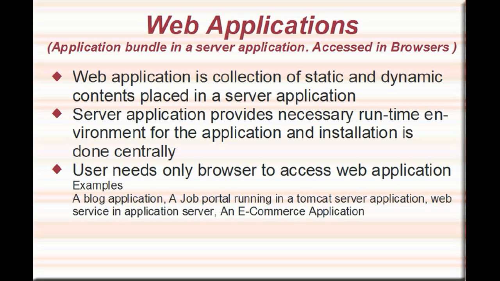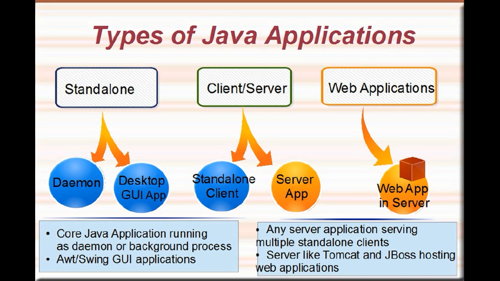For example, I have a job portal website which runs in a Tomcat server application. I have an e-commerce application which is installed in a JBoss server application, and I access it in the browser to do online shopping. So great, with this we have an idea what kind of applications we can develop using Java.